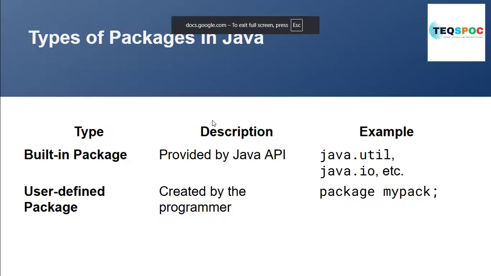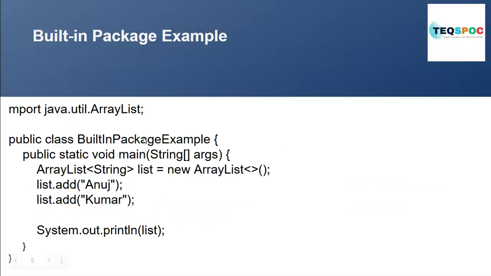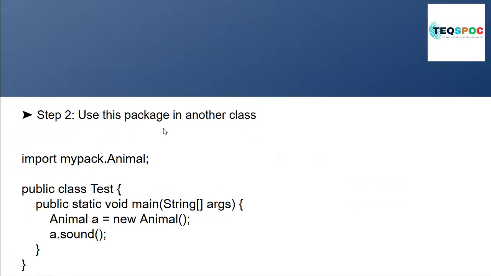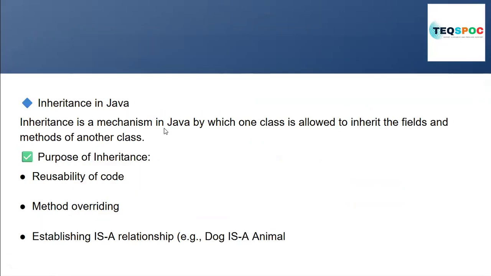Now moving to the next topic, that is inheritance in Java. What is inheritance? Inheritance is one of the most important pillars of OOPS, object oriented programming.